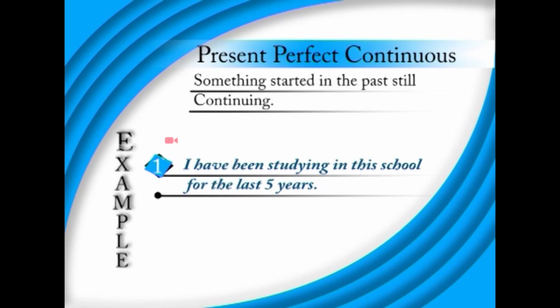That means he started studying 5 years back, still he studies. Someone staying at a place, I have been staying here, I have been living here for the last 2 years. That means he started doing it 2 years back, still he does it.